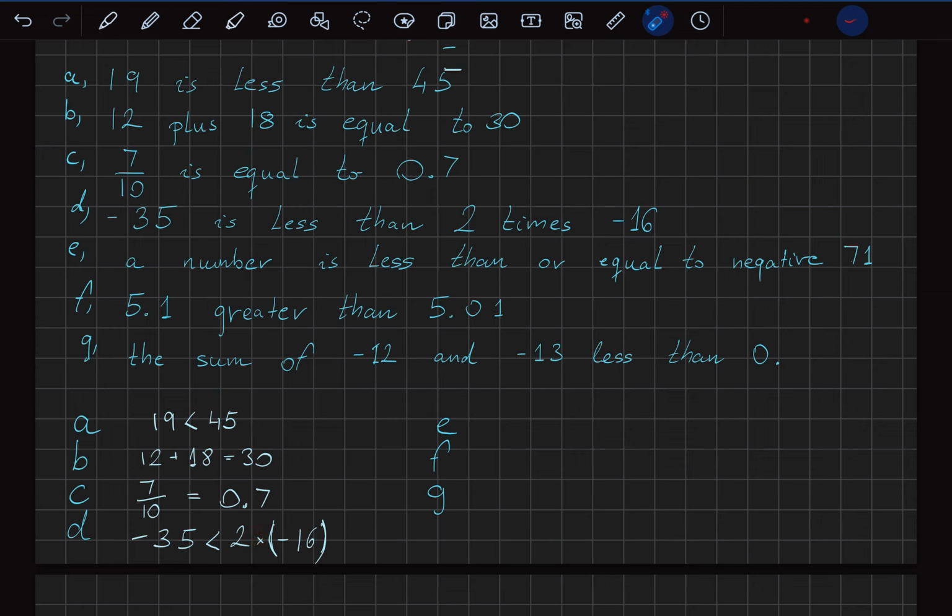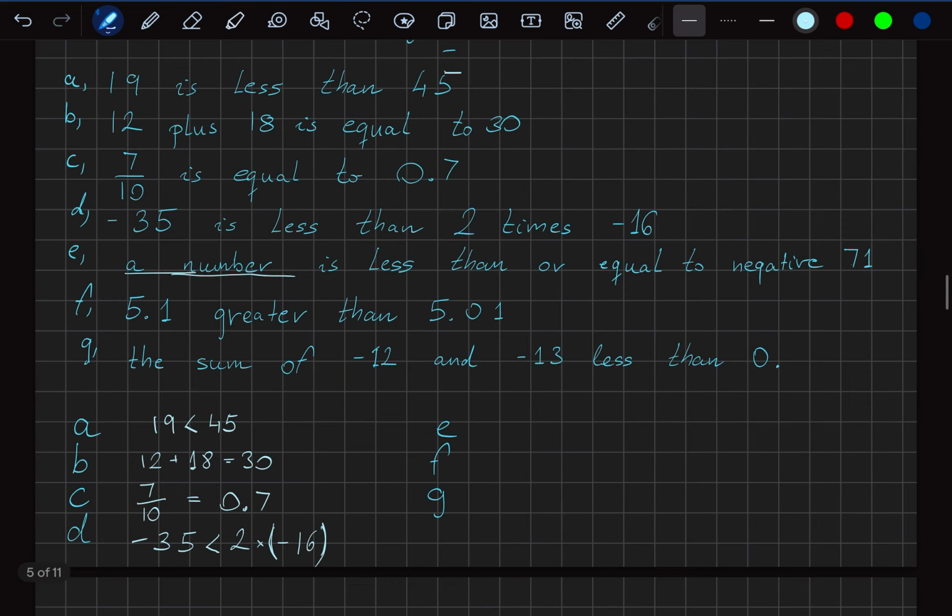Okay. If a number is less than or equal to negative 71. A number, and this is what we use if we solve word problems, we just replace this random number with a letter.